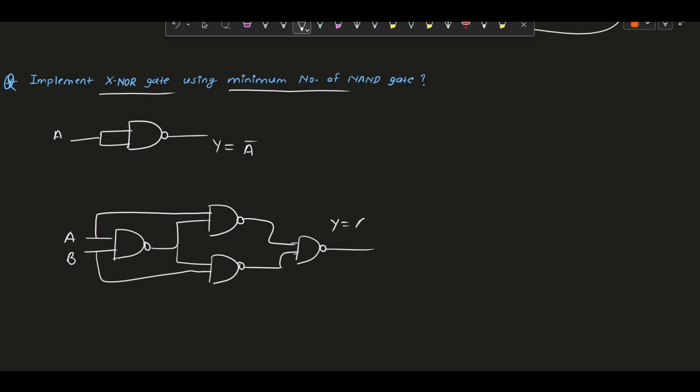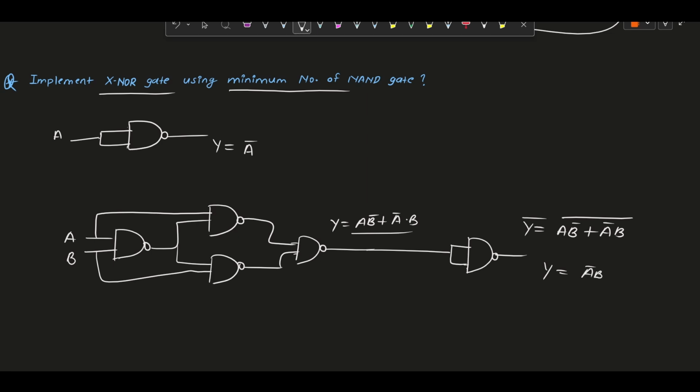So here we are getting A into B complement plus A complement into B. And if we again provide this output to a NAND gate, then we will get the complemented output of the XOR gate. That is nothing but an XNOR gate. So like that, we can say we have implemented the XNOR gate using the minimum number of NAND gates.